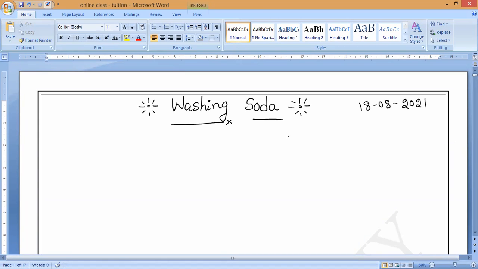Now, in today's class, we are going to study what washing soda is, its production, and its properties. After that, we'll go on to the next kind of soda, called baking soda. If possible in two classes, if not one and a half, we'll try to finish it.